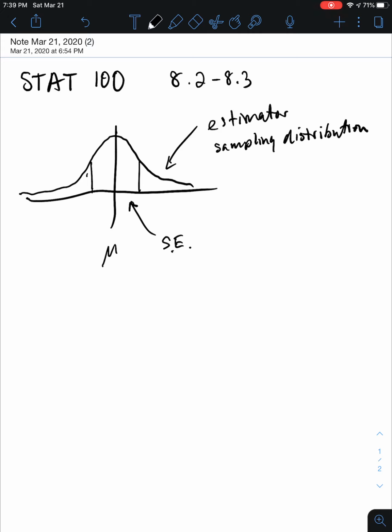So suppose we have a population with a population mean, mu, and a population standard deviation, sigma. So the population has mean mu and standard deviation sigma. And this is, of course, a continuous context.